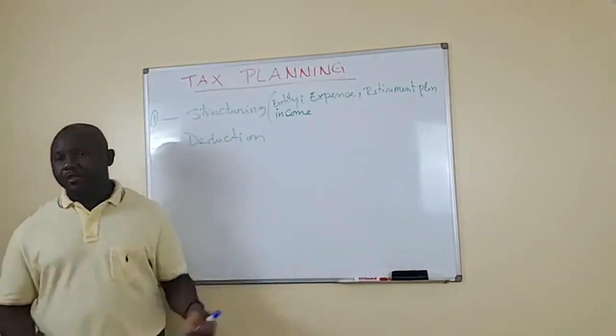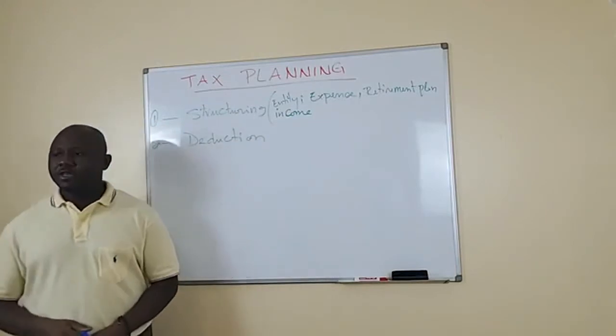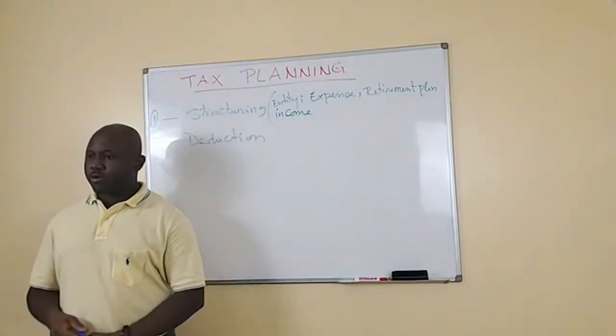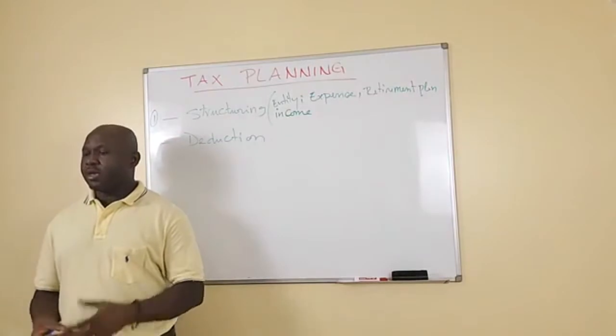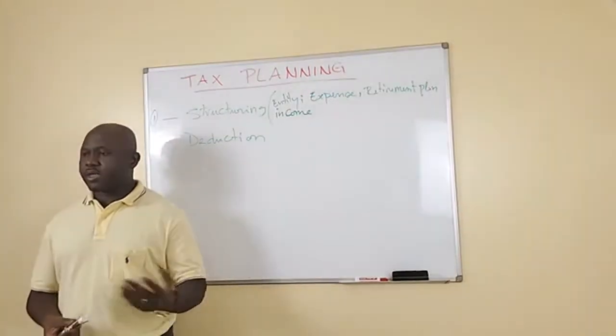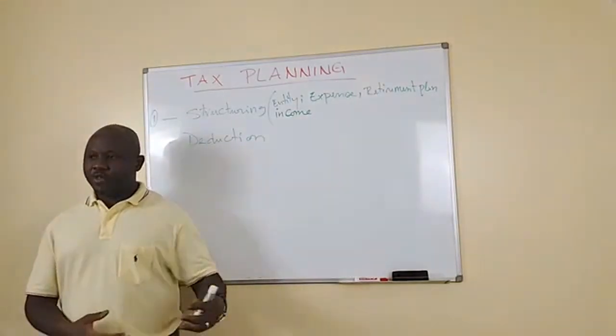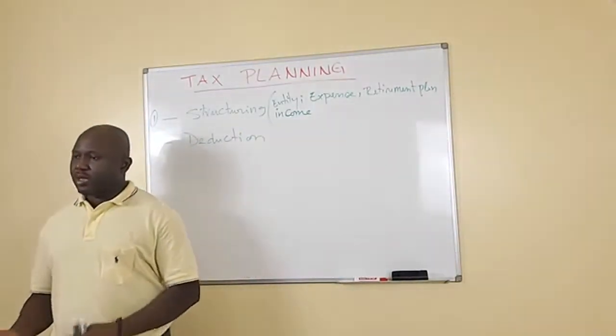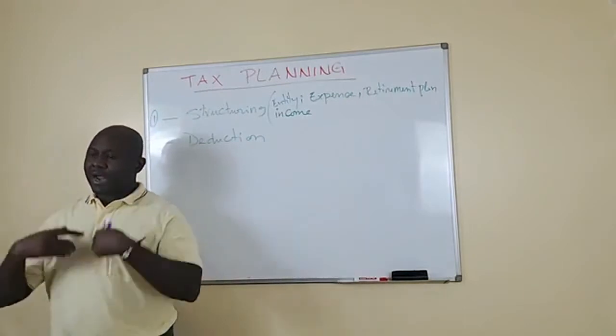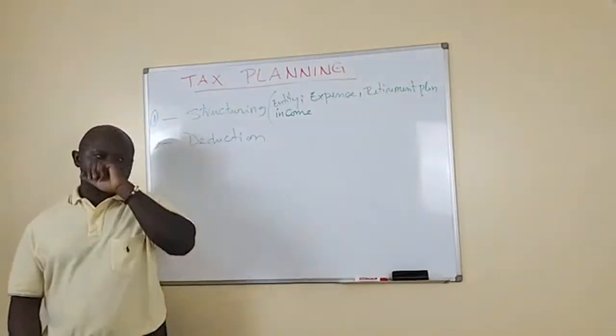On the deduction side, there are so many deductions that you need to know and plan in advance in order to take them. For each business, there are deductions. And the deduction, if you don't plan, you don't even find it.